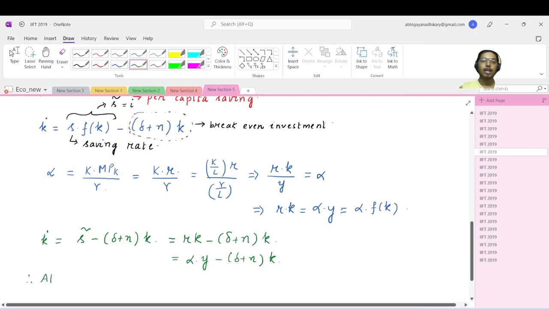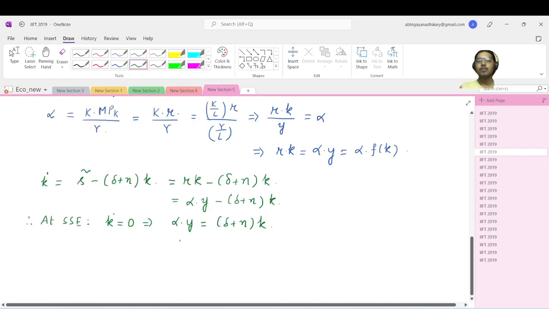Therefore, at the steady state equilibrium, k dot is basically 0. That means alpha times y equals delta plus n into k. And what is y over here? Given the Cobb-Douglas function, it is k to the power alpha. Correct? So k to the power alpha minus 1 equals delta plus n by alpha.